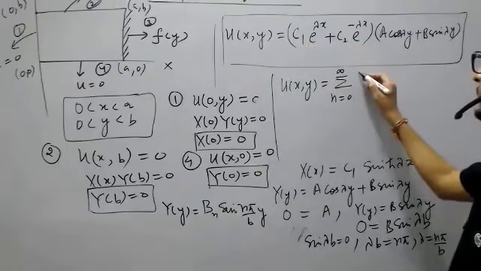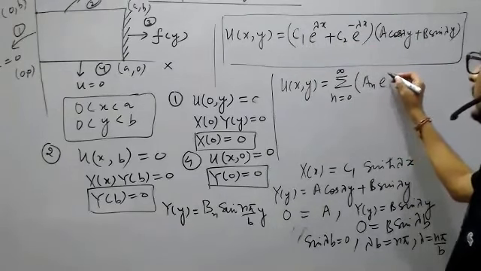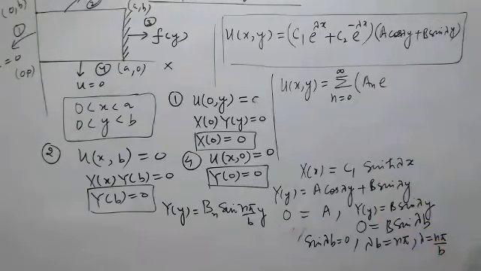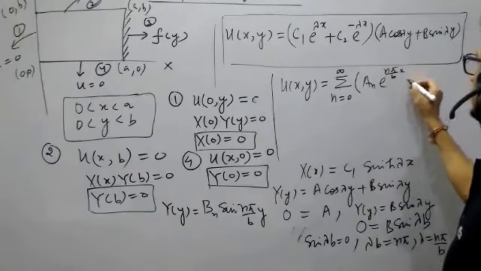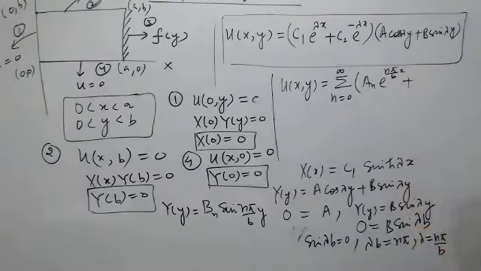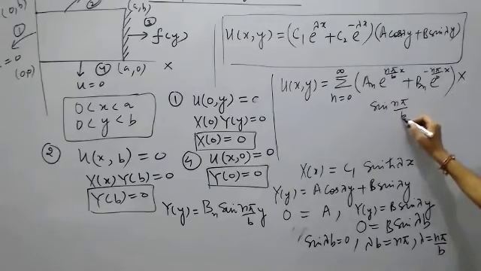So it will become sum of An e to the power n pi by b x plus Bn e to the power minus n pi by b x, into sine of n pi by b y.